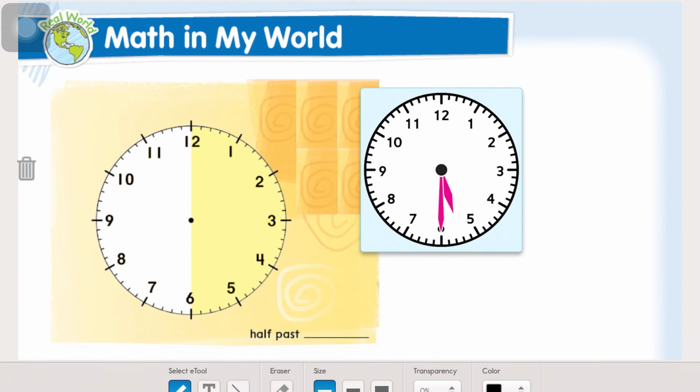Remember, we just came from 5 o'clock. So it is 5:30. Another way to write that would be 5 hours and 30 minutes, right? And then we can draw these hands to match the hands on my example clock. You can draw that in on page 599. So again, minute hand straight down to the 6.